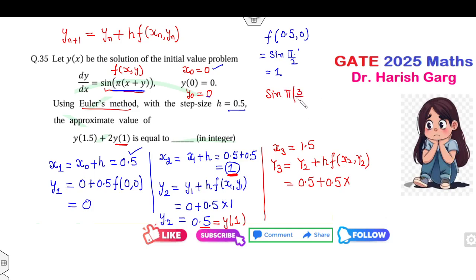So it is 3 pi by 2. Sine 3 pi by 2 is minus 1. So this number is 0, and this number is half. So the answer is 1 is the correct answer of this problem.